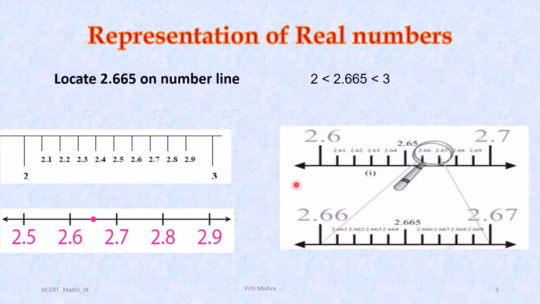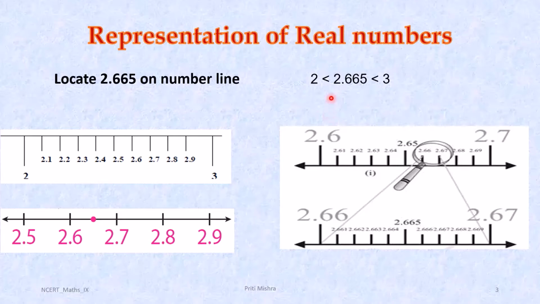See, here we have the magnified image. Here we have 2.61, 2.62, 2.63, 2.64, 2.65, 2.66, 2.67, 2.68, 2.69.